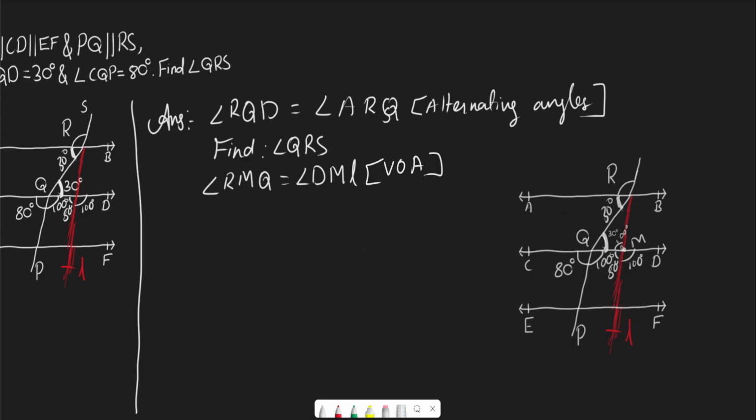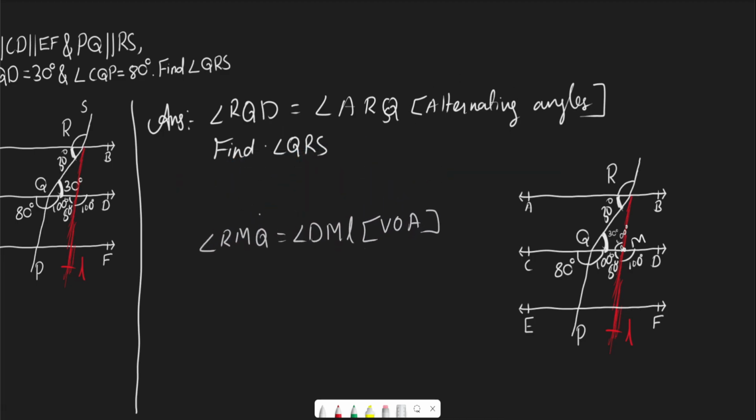we have to write this fact also before vertical opposite angles. If you're going to write an exam on this question, we have to write this fact also: extend RS. Where's RS?